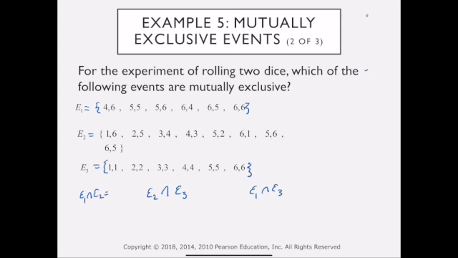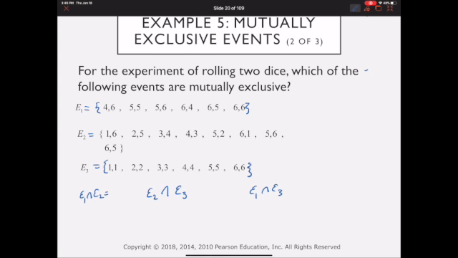So let's look at E1 and E2. E1 is going to overlap with E2 at the points (5, 6) and (6, 5). So this is going to be their intersection. Therefore, they are not mutually exclusive. And friendly reminder, all these should have parentheses around them, right? Because they're each representing 2 dice rolls.